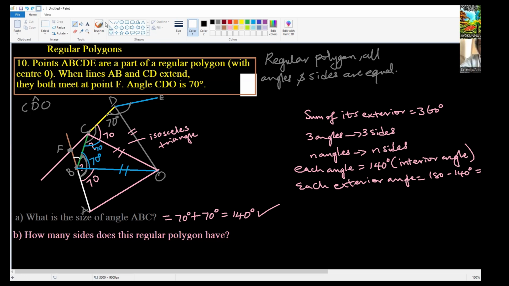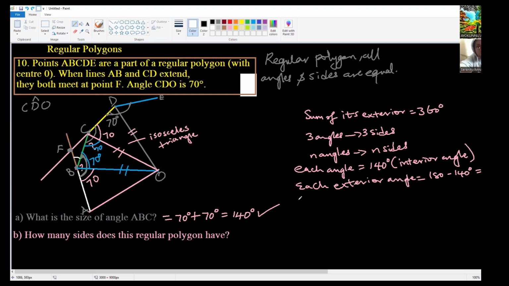Even if you check on this green line, if the green line should go straight, you will discover that the angle in the shape is 140, which is 70 plus 70. Then the angle outside, which is the exterior angle at that point, should also be 40 degrees, okay? Is that clear?